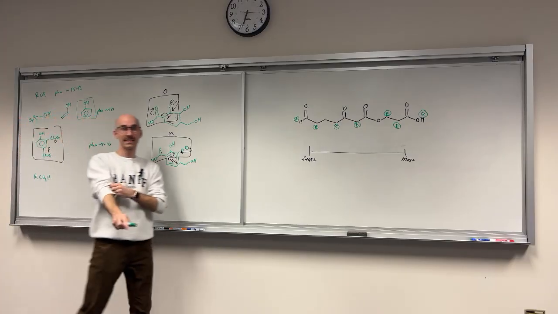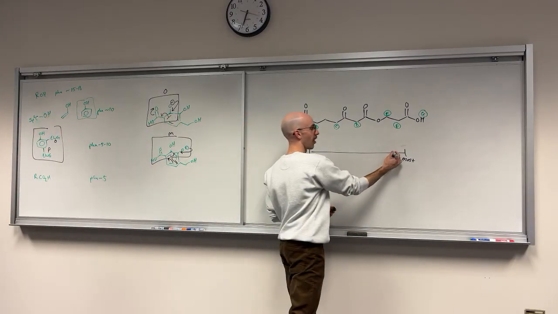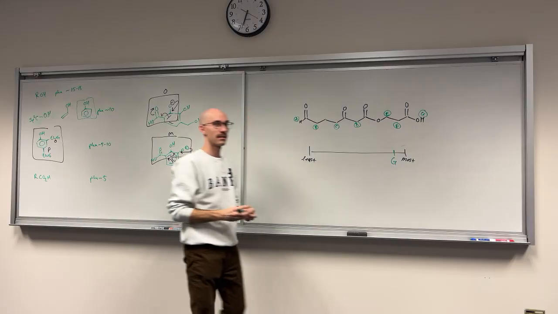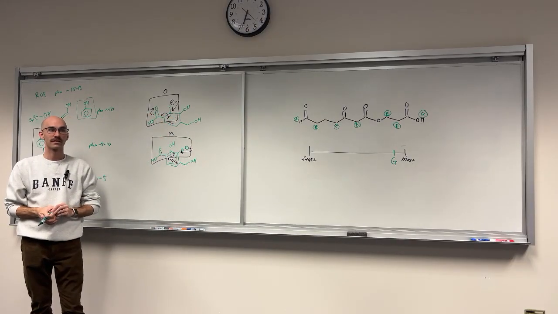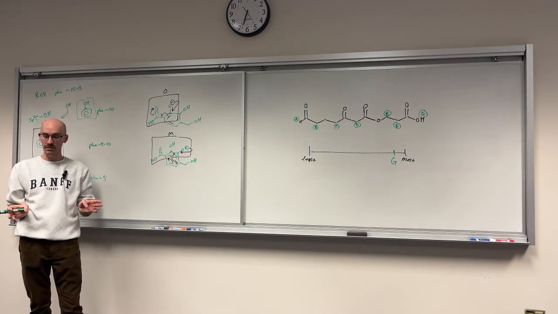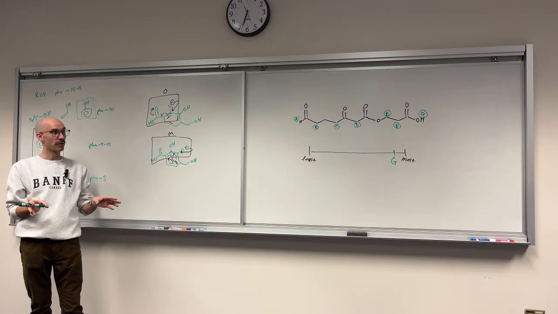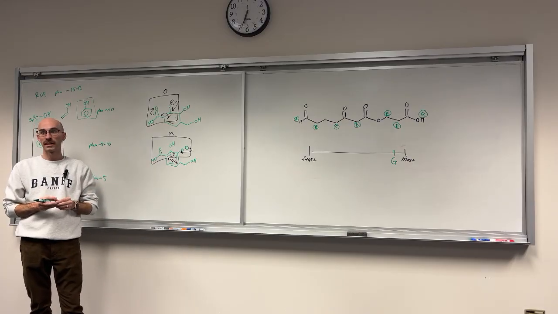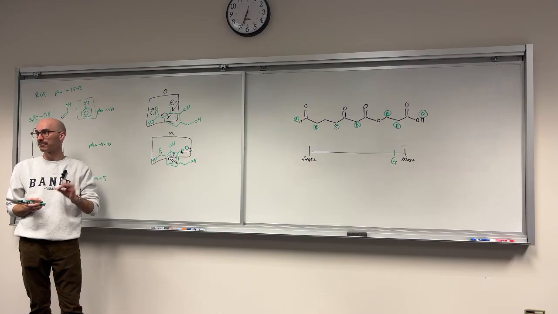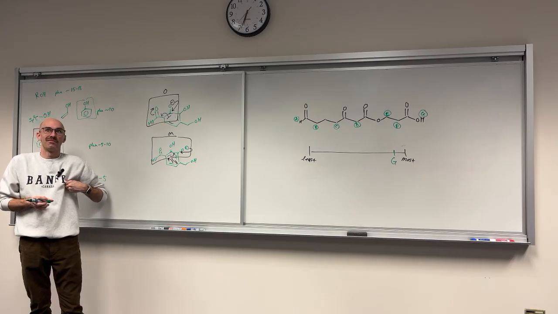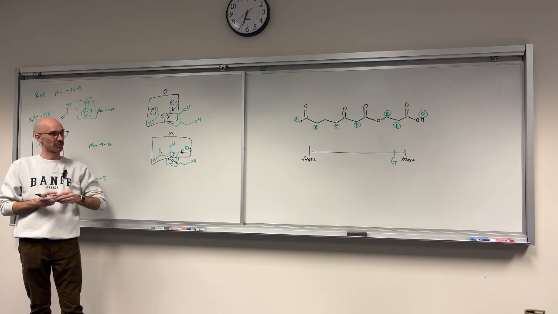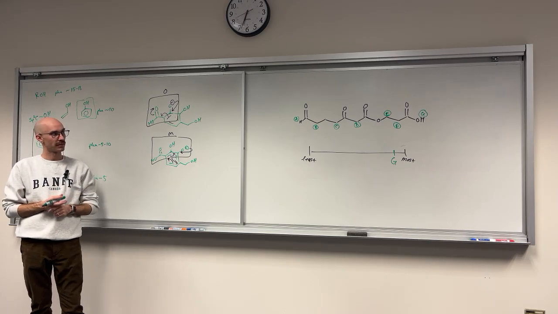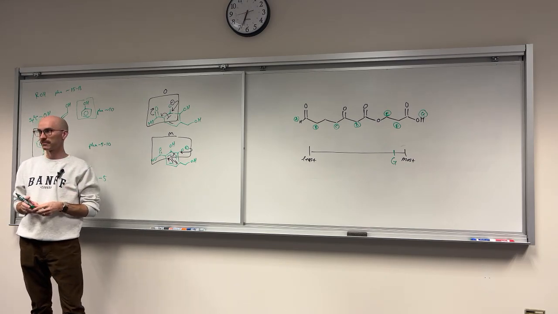So the carboxylic acid here is our most acidic hydrogen. True, less resonance forms with the same number of oxygens holding it as D, but it's a more acidic atom. It is much more acidic. It's like 6 orders of magnitude more acidic than D.